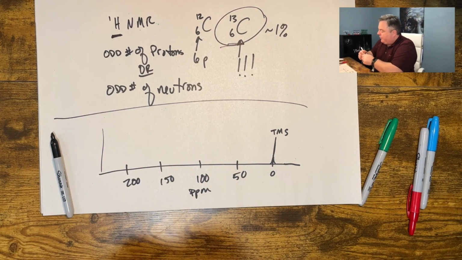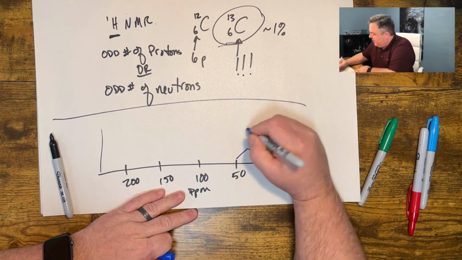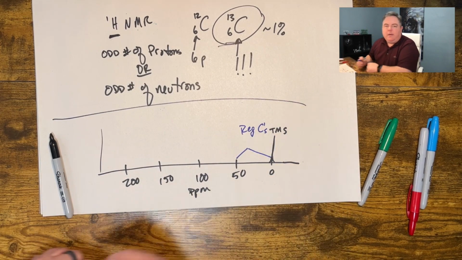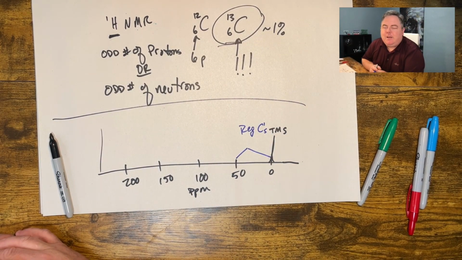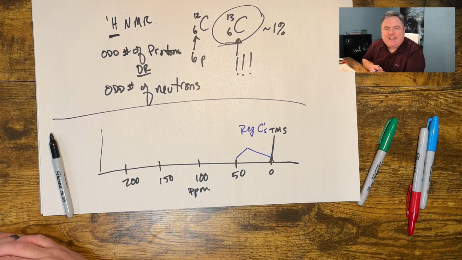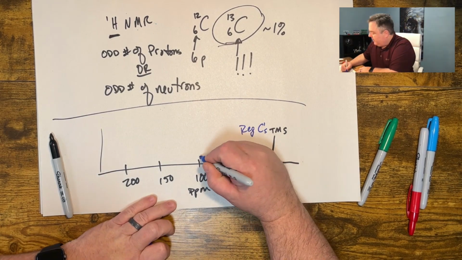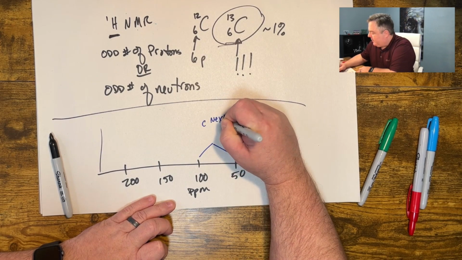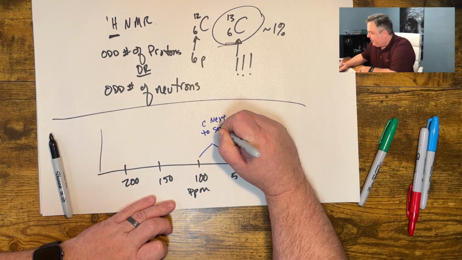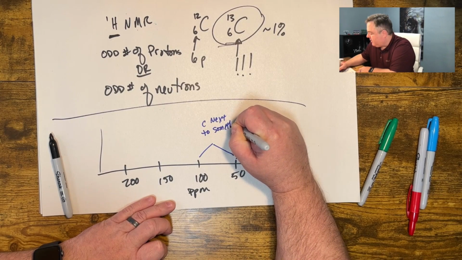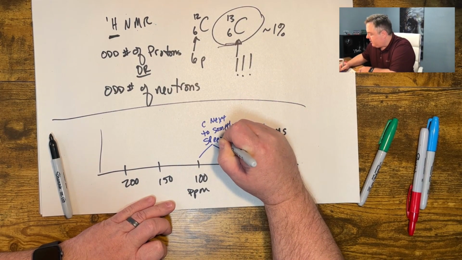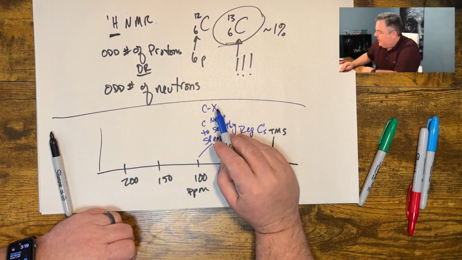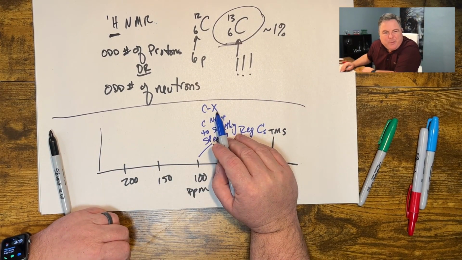Now, from 0 to 50, these are my regular carbon atoms. Those are carbons that are on regular hydrocarbons, not next to anything special. From 50 to 100, these are carbons next to something special. So that's a carbon next to an oxygen, a nitrogen, a chlorine, a bromine.